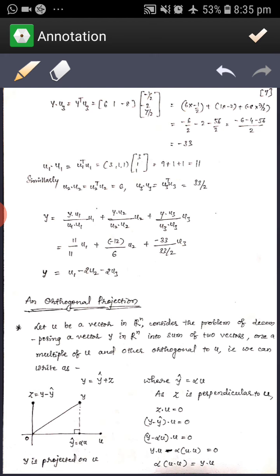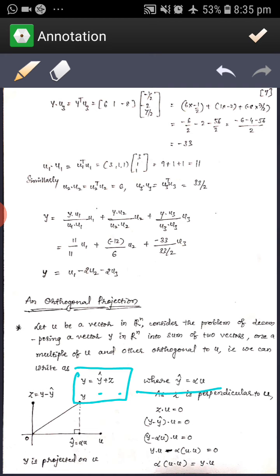So as we say, the projection of y on u, we can break into two parts here. One is y bar, one more is z.